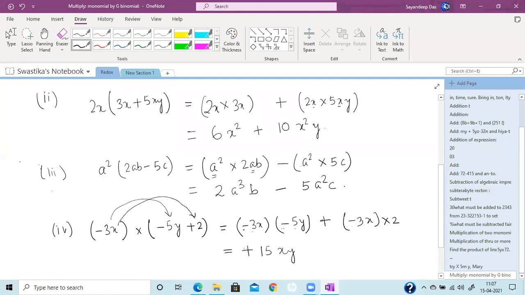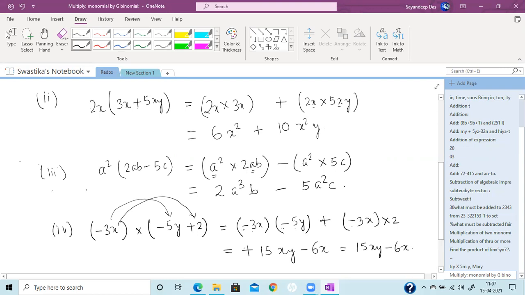Plus into minus is minus. Multiply the two signs. 3x into 2 is 6x. So this is your answer, 15xy minus 6x is the multiplication.